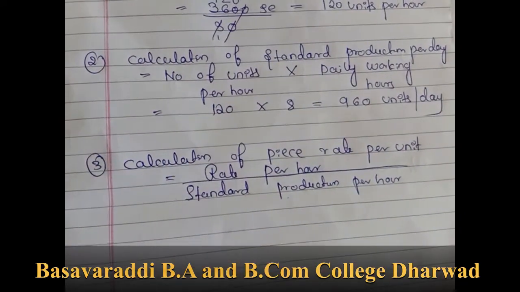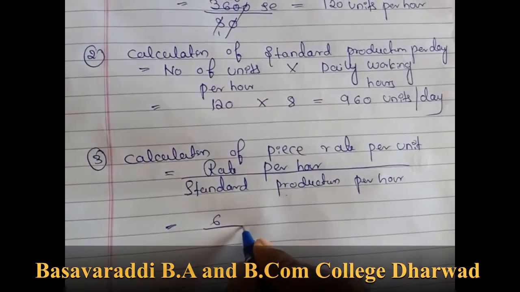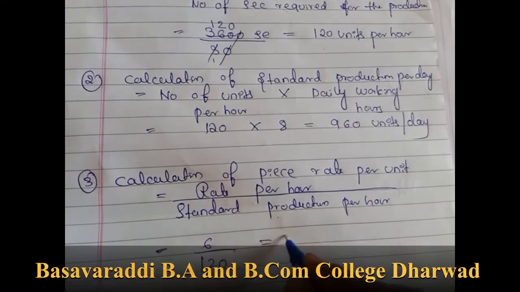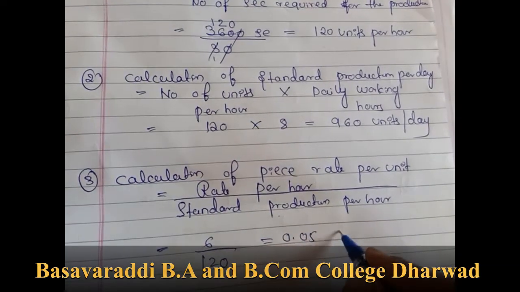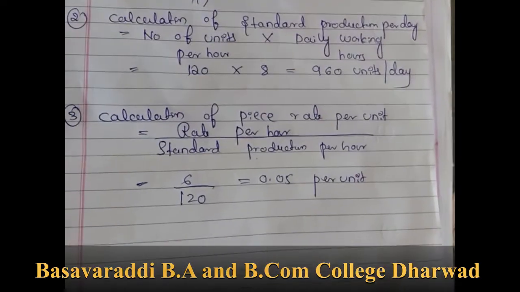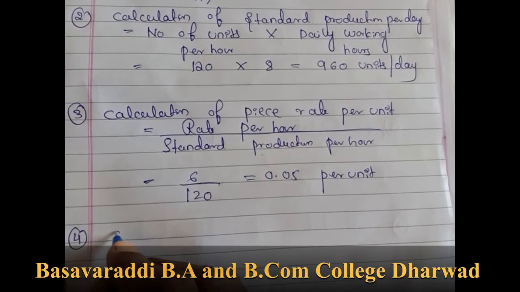Rate per hour is 6. Standard production per hour is 120. That is 0.05 per unit.